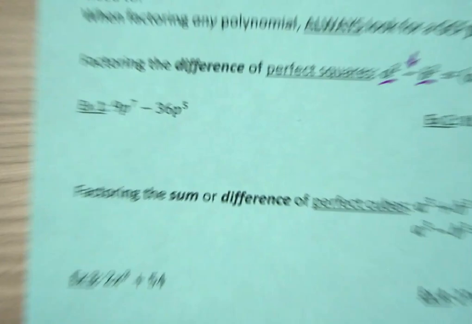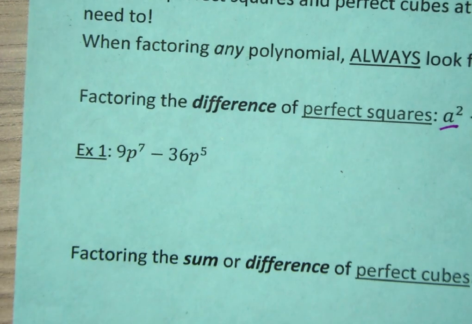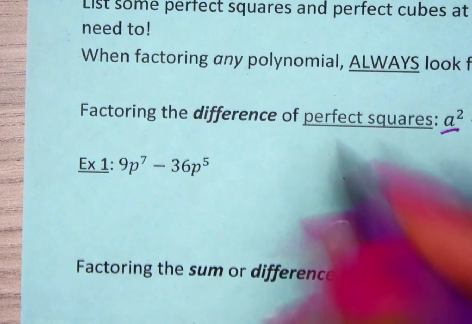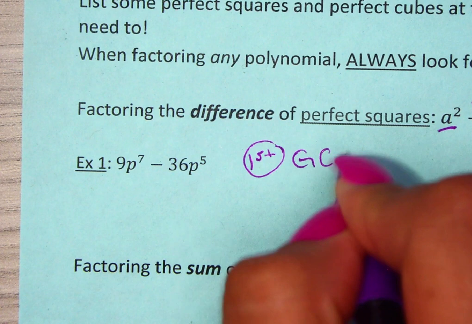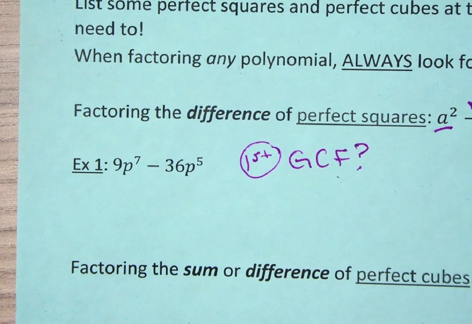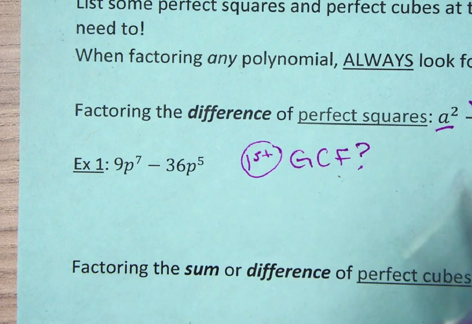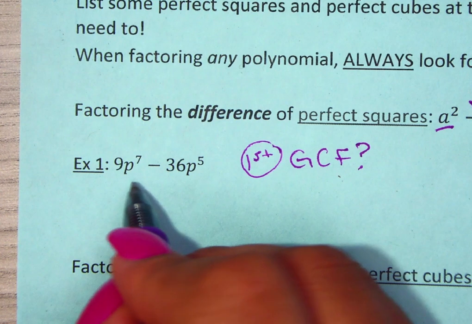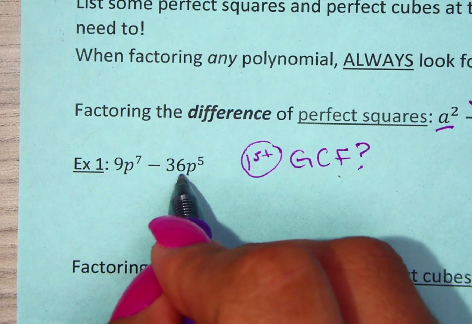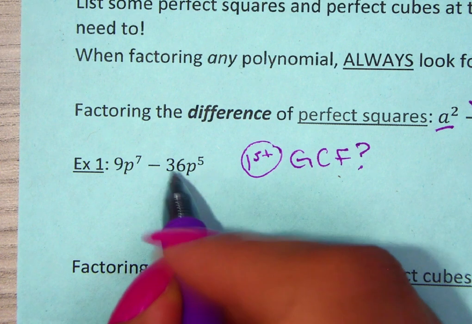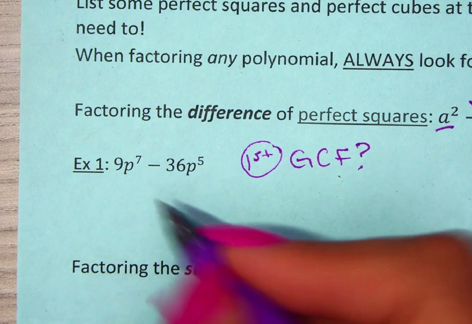So the first example is looking at what I have as a GCF. You always want to ask yourself first, is there a GCF? So 9 and 36. 9 is divisible by 9, 3, and 1. 36 is divisible by 9, 4, 6, 12, 3, a lot of them, but definitely they both have the number 9 in common.